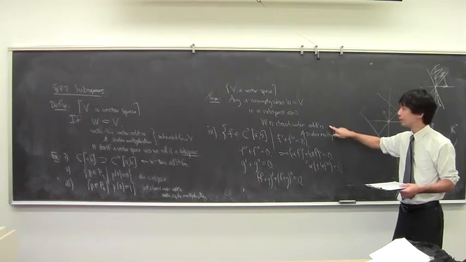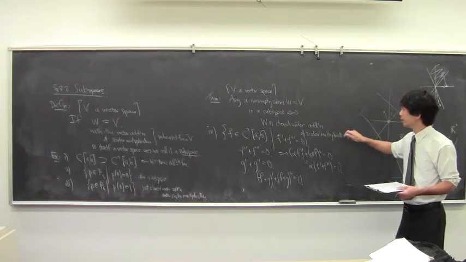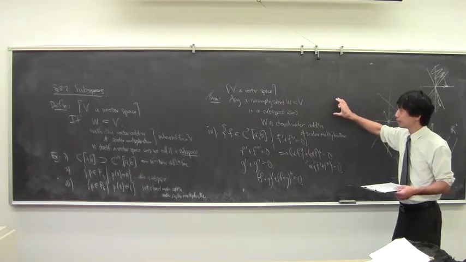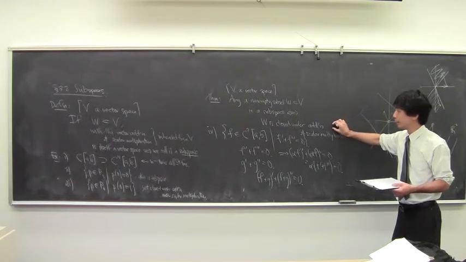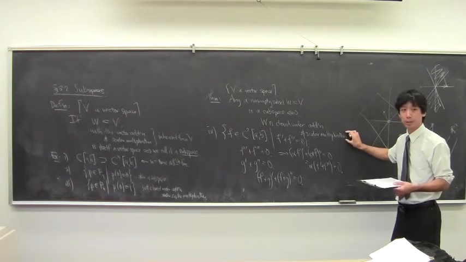Oh, okay. So closure under addition means that, this theorem says to check if a subset is a subspace, what you need to do is check if the subset is closed under addition and closed under scalar multiplication.